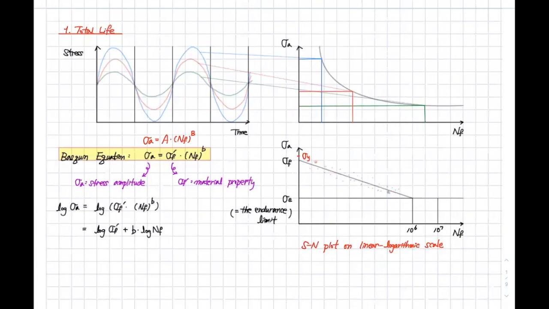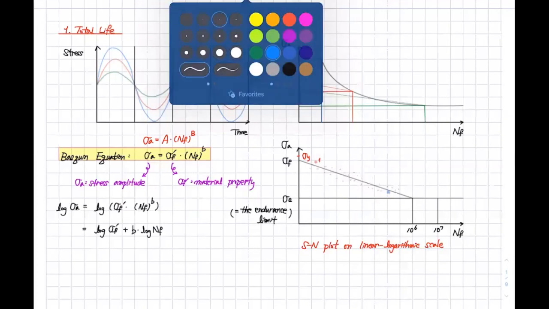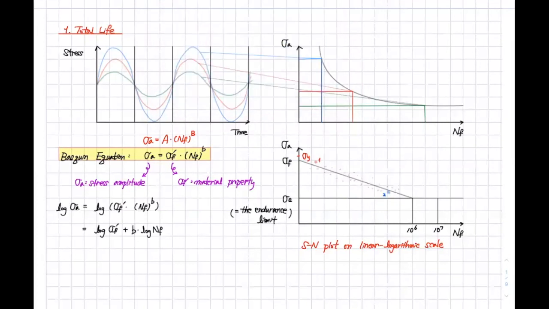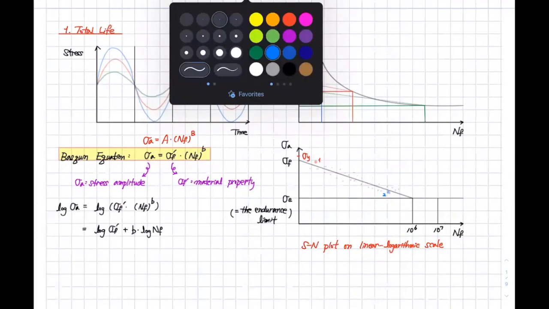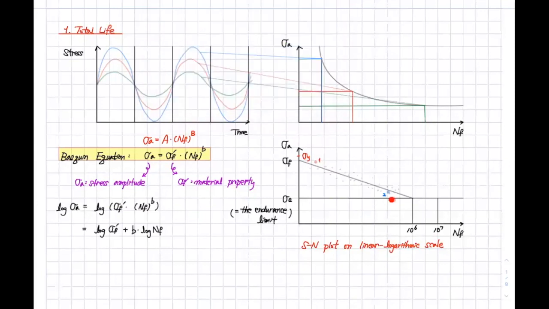No objections, right? Let's say this one is 1, and the other one is number 2. In this case, no matter what the situation is, these two points should still match this equation.